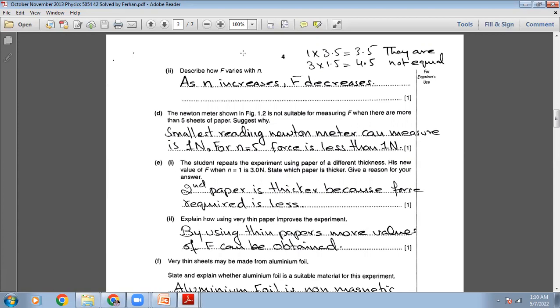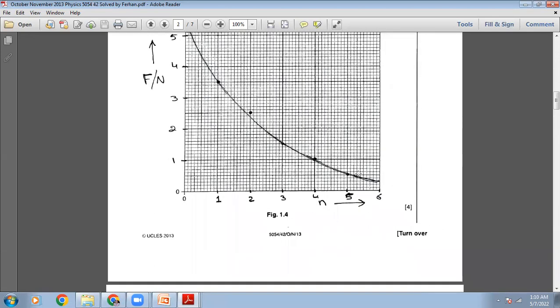Okay, so the next question: the Newton meter shown in figure 1.2 is not suitable for measuring F when there are more than 5 sheets of paper. Just why? When there are more than 5 sheets of paper, the force required is less than 1 Newton. At 5, it's 0.5 Newton.